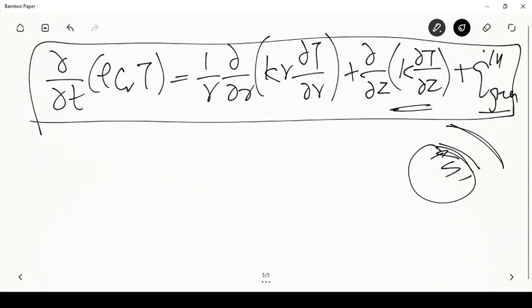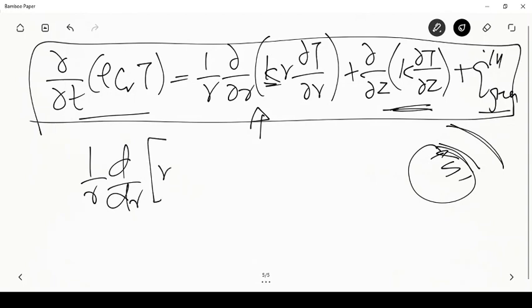So this term will drop out and this term will drop out, and we are looking at steady state, so this term will drop out. The only thing that will remain is this term. So it becomes an ordinary differential equation because there is only one independent variable, and if I take k as a constant, this k will also drop out. So then you get 1 by r d by dr of r dt by dr equal to 0.